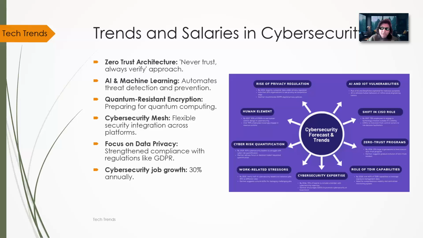Then cybersecurity job growth. Annually, there's almost a trend of increase of 30% in jobs, meaning the cybersecurity trend has been going up constantly and exponentially. Then we have 3.5 million unfilled jobs as of the date, and it always keeps increasing.